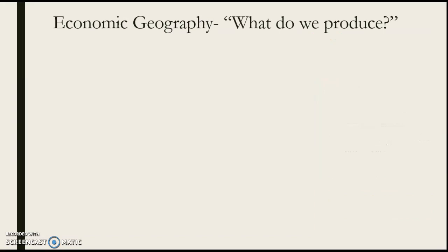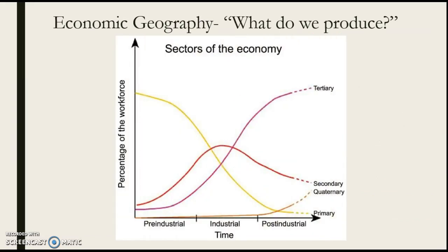When we ask ourselves, what do we produce? This allows us to look at the different sectors of the economy. The graphic on your screen shows us the 4 different sectors: primary, secondary, quaternary, and tertiary. And you'll notice over time that tertiary has really taken off. The percentage of our workforce in the tertiary sector has increased dramatically since 1970.